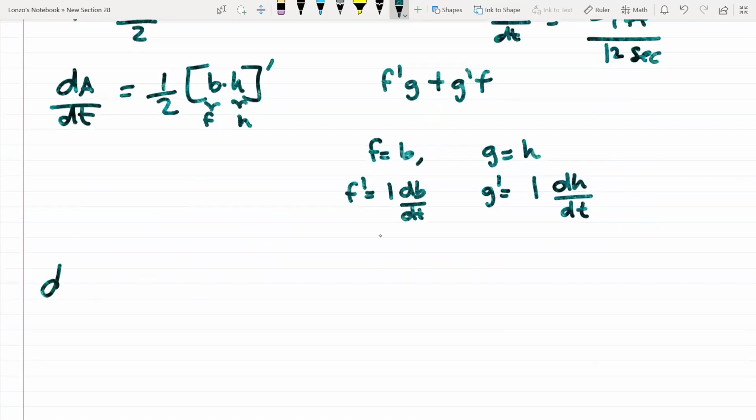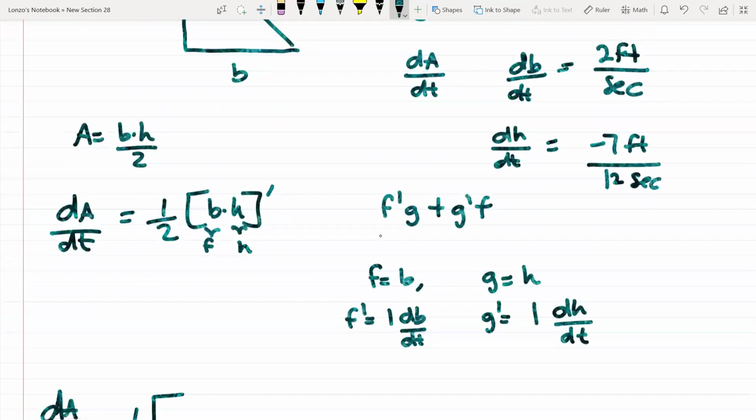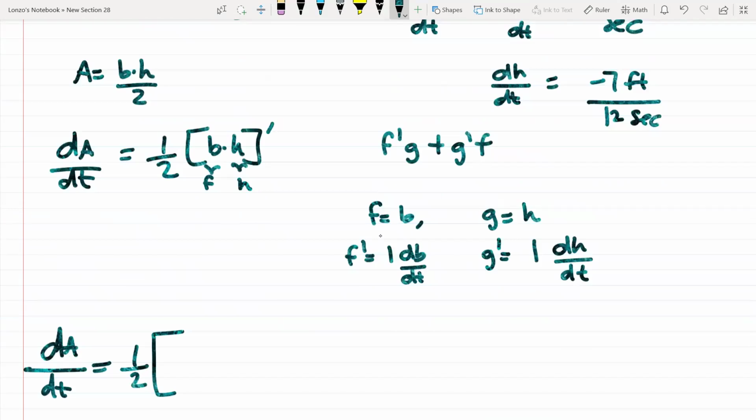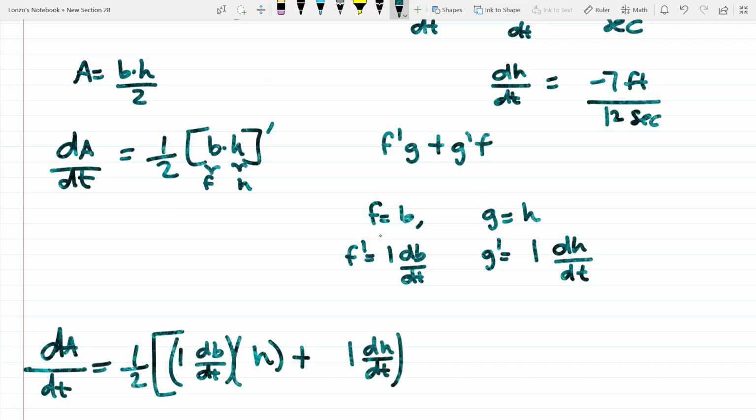So this would be dA/dt equals 1/2. And then if you apply the product rule, F prime is 1 dB/dt, times G, which is H, plus G prime, which is 1 dH/dt, times F, which is B.